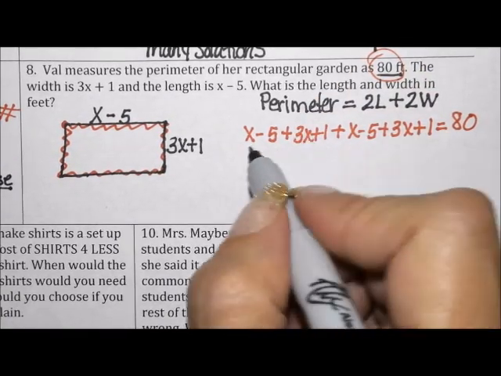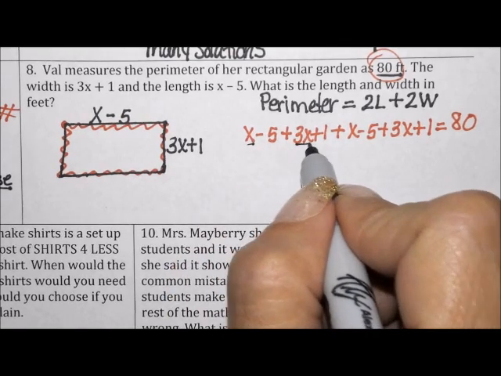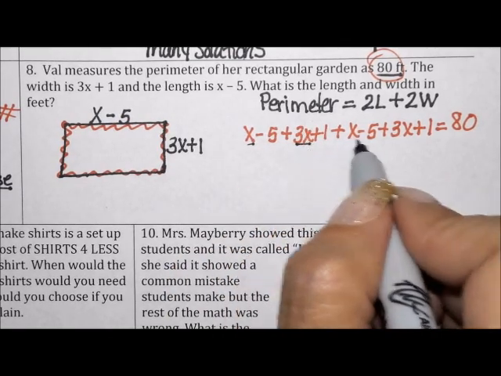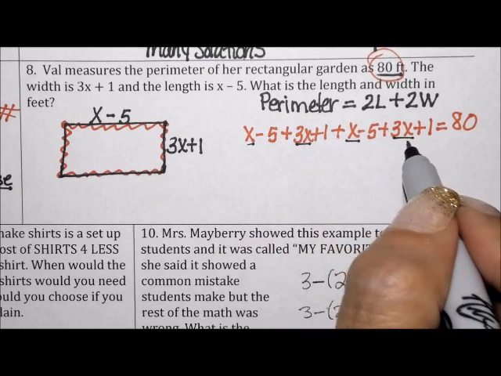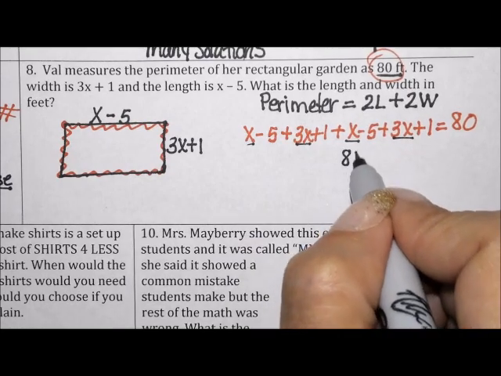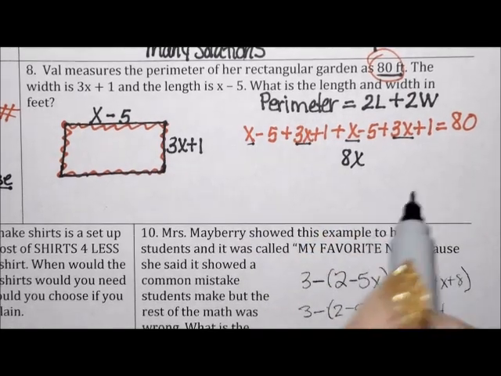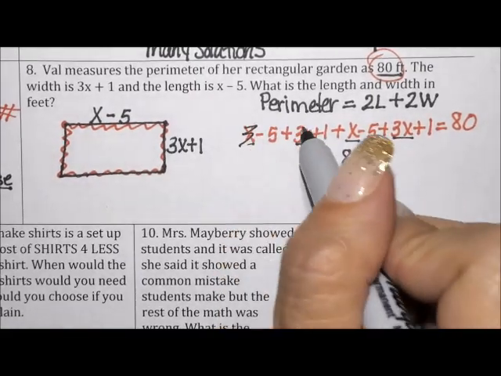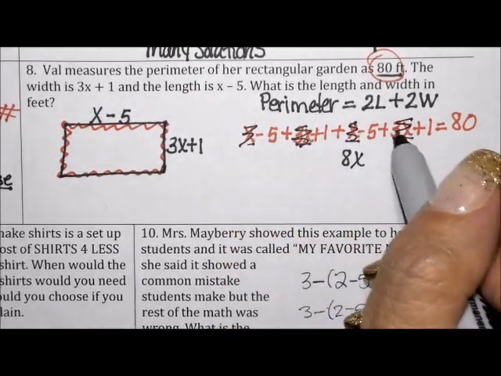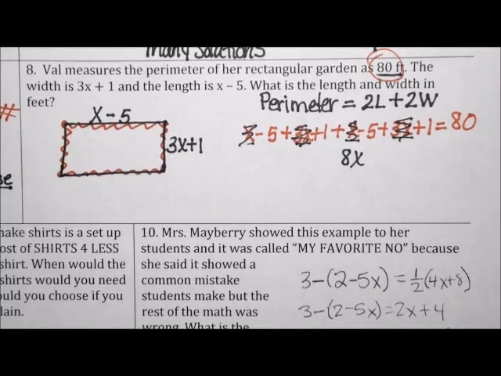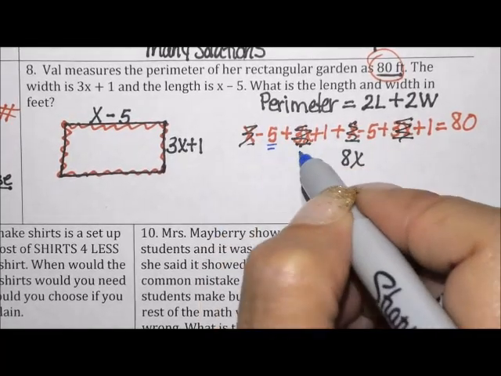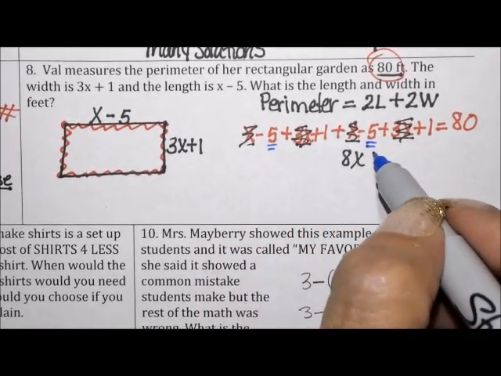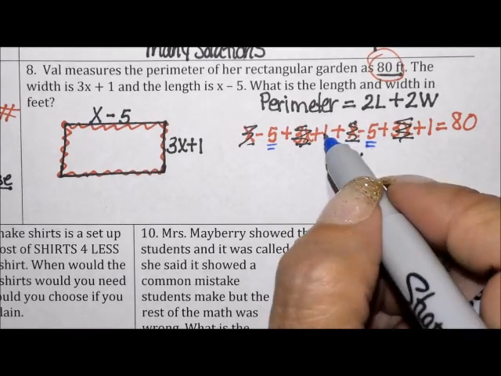Okay, well, let's add it up. 1x, 3x, that's 4, 5, 6, 7, 8 x's. Now, because there's so many, I'm bad about this. I will mark it off. Otherwise, I'll forget. Negative 5, that's negative 10.